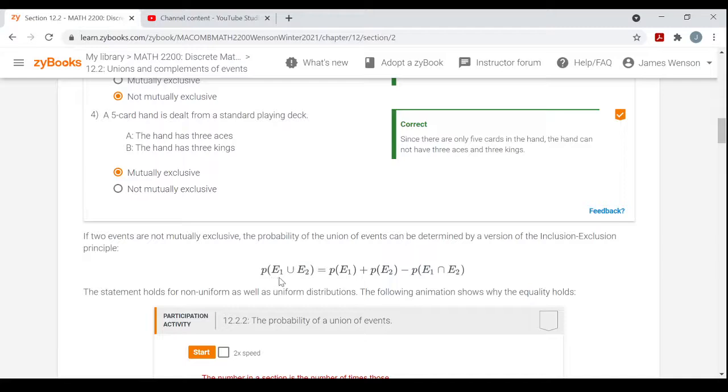The probability of E1 union E2 is the probability of E1 plus the probability of E2 minus the probability of their intersection, the probability that both events happen at the same time. And again, it's all about counting. You're just going to count the number of elements in E1 union E2 using the inclusion-exclusion principle, and then divide that by the total size of the sample space.